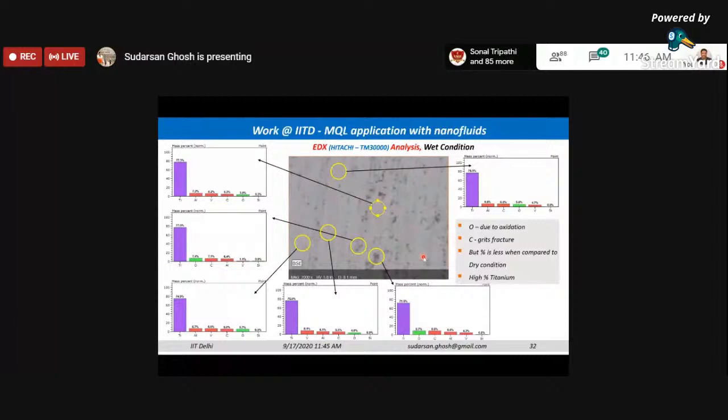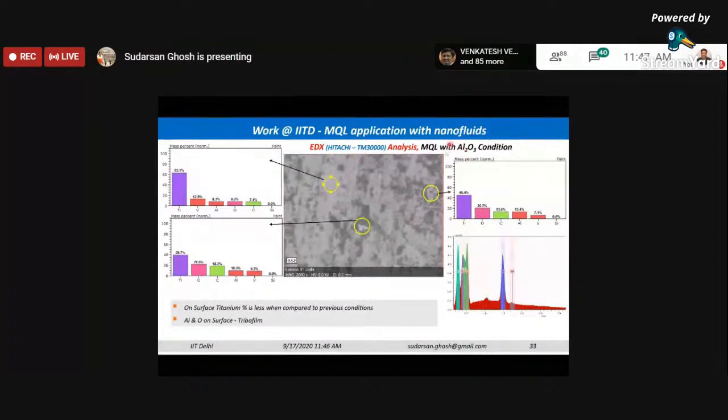So this means that there has not been any redeposition. Redeposition in the sense that deposition of material can happen on the workpiece or on the tool side also. This has not happened because the titanium present on the ground surface is quite high.